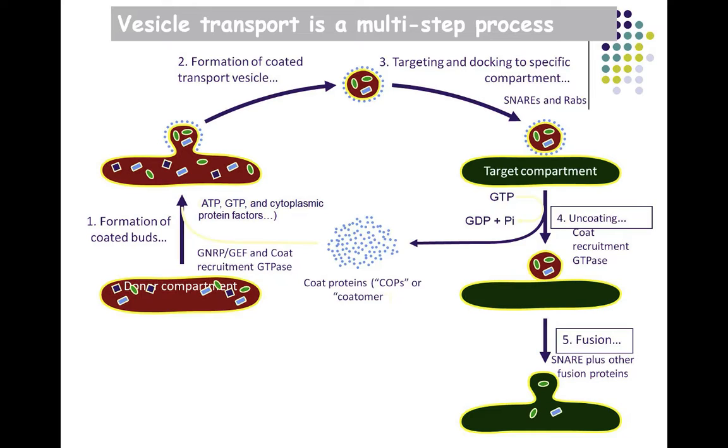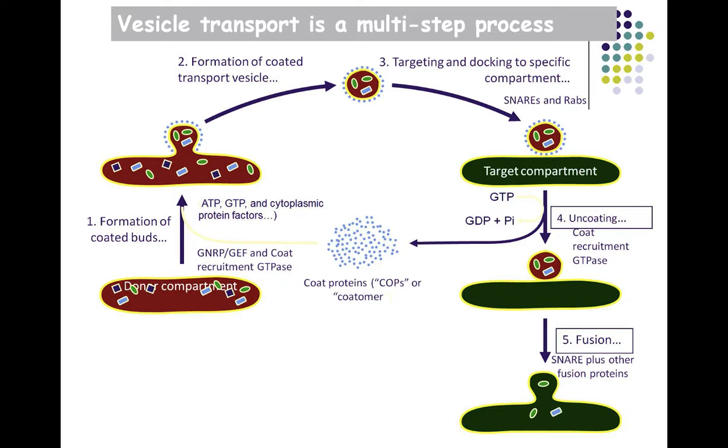Kasi the process is really easy to memorize na: from the formation of the coated buds to the coated transport vesicles finding their way to the target compartment, recognizing them, and then allowing them to fuse and remove their coat, then eventually release their cargo protein. So, ganun na, napaka-simple lang ng proseso. But, of course, we have to look at how the process is actually happening.